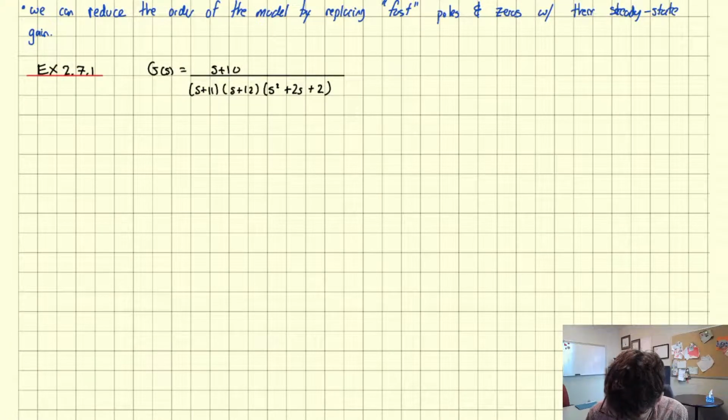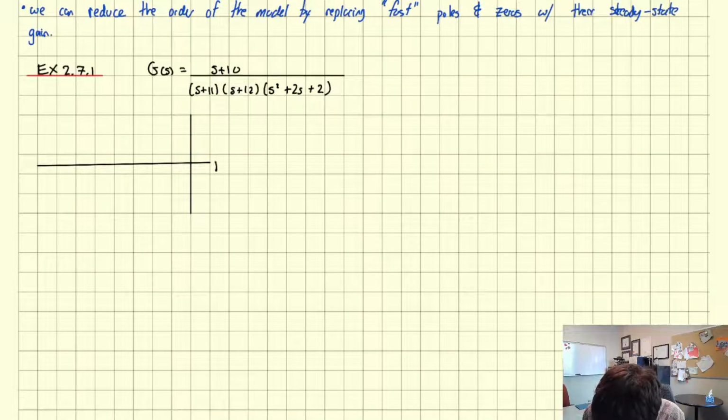Okay, so let's draw the poles and zeros here. And so for this one, we have poles at -12, -11.